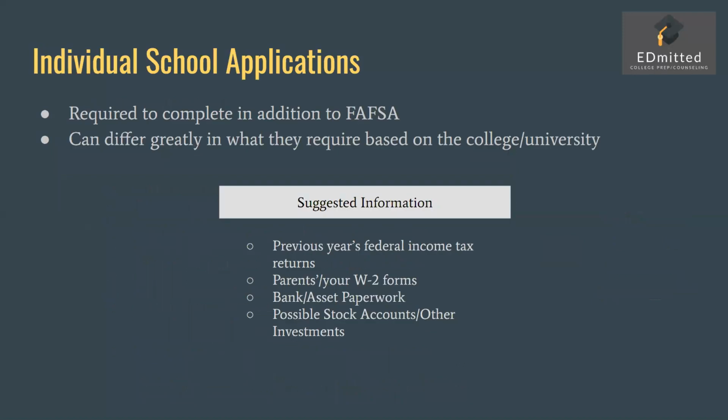So yeah, we'll go on to individual school applications. So the FAFSA is kind of a blanket financial statement, and it just gives each college an idea about where your family stands, where your household stands. But some schools might want additional information, and so it could include, I don't know, previous year's federal income tax, W-2, bank asset paperwork, stock accounts, investments like that.